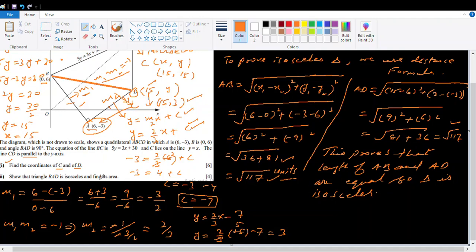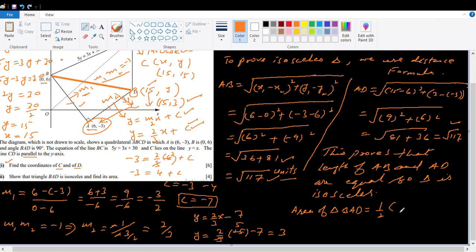Now the last part is to find its area. When you find the area, you know that the triangle is a right angle triangle, so you can use the formula: area of triangle BAD is equal to 1 over 2 times base AD times height AB.